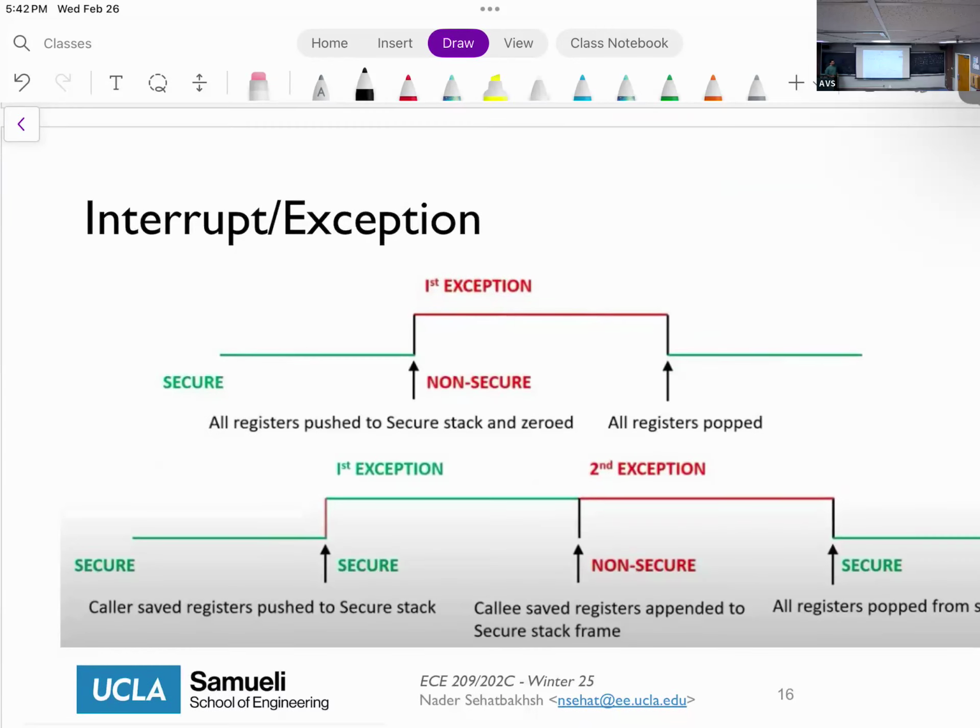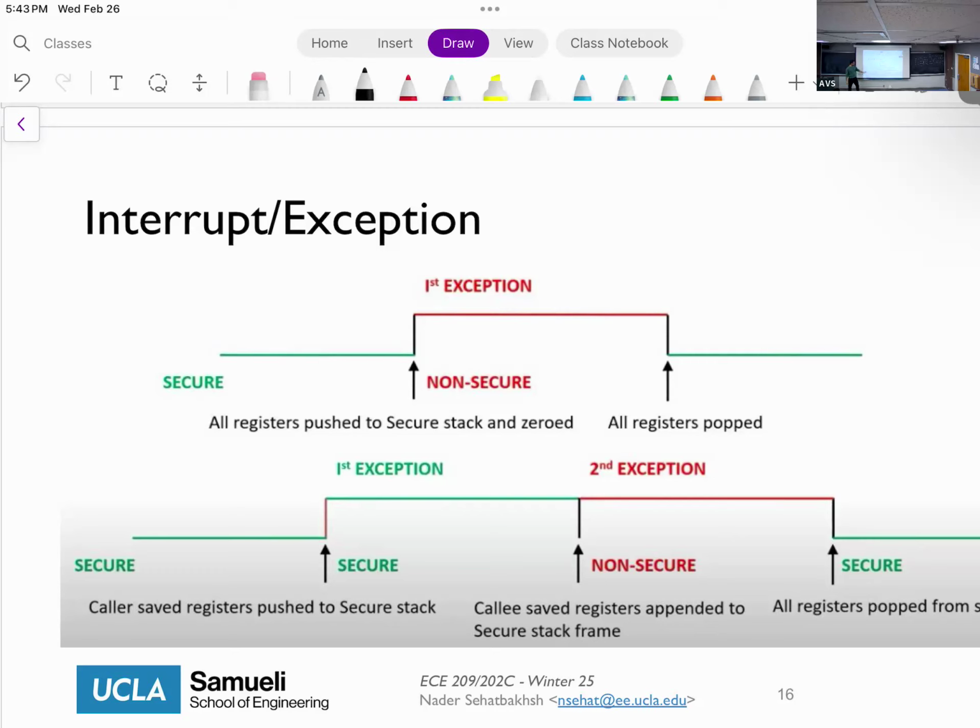Okay. This also allows you to handle exceptions and interrupts. For example, if you're in the secure world and an interrupt happens, you can switch to the non-secure world. That's totally fine. As I said, here it requires a secure switch. But once the exception is handled, you can come back.